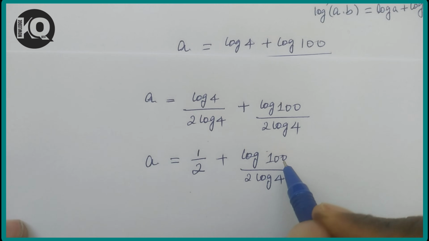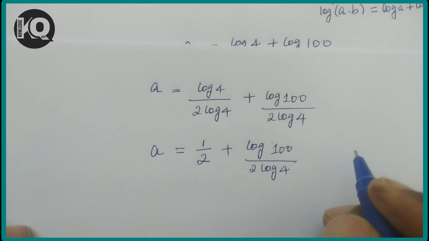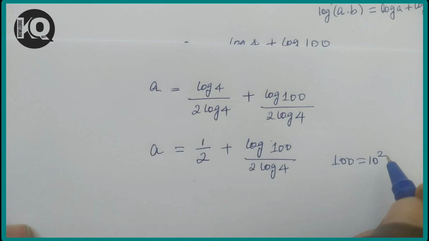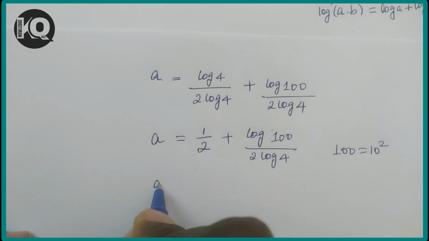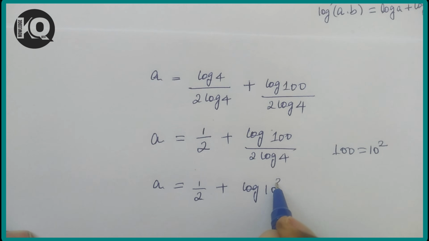And this part here, 100 can be factorized as 10 square. This 100 can be expressed as 10 power of 2. So a is equal to 1 over 2 plus log of 10 power of 2 divided by 2 times log of 4.